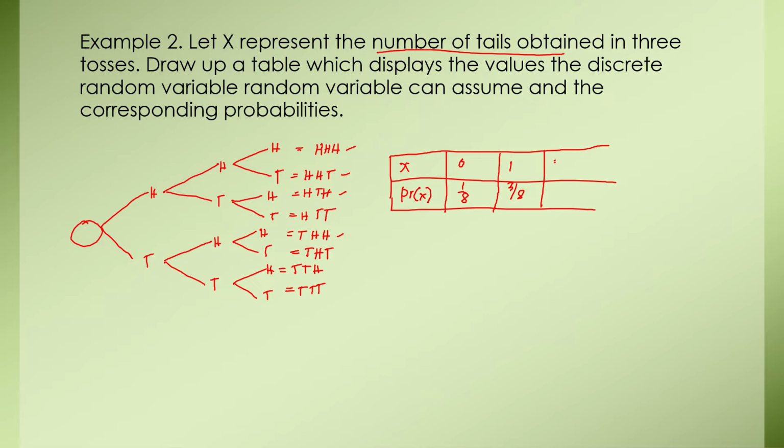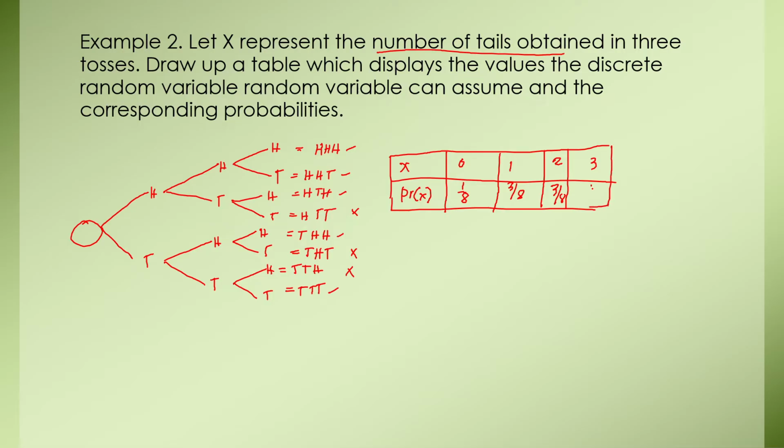And the next one is 2 tails, because we're focusing on the number of tails obtained. So 2 tails: 1, 2, and 3. So therefore, still 3 over 8. And 3 tails, so only the 1.